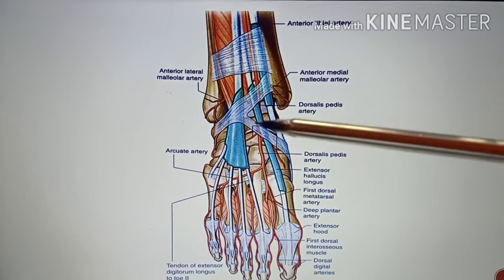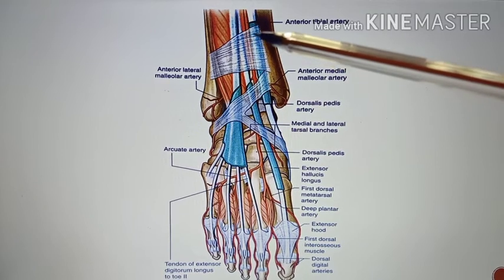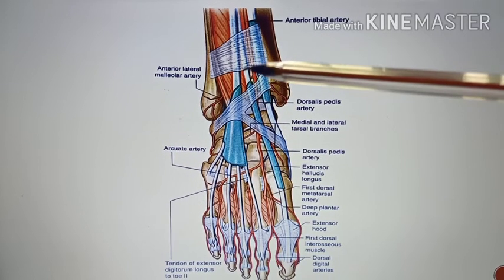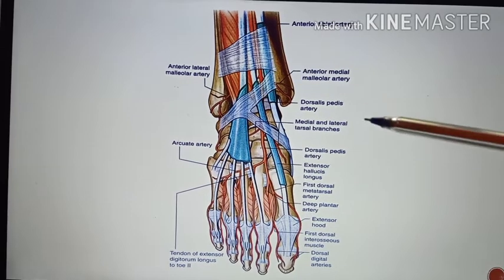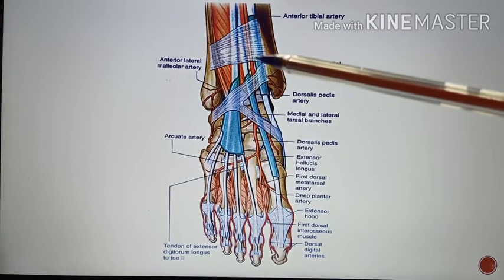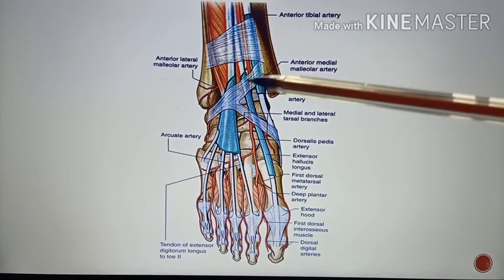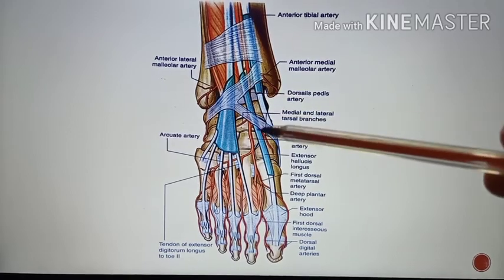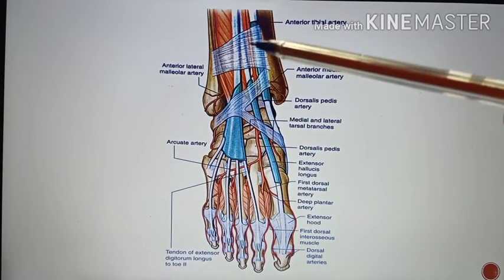So for palpating the anterior tibial pulse, it can be felt at the midpoint in front of the ankle, or at a point just above the midpoint of the malleoli, because from there it continues as the dorsalis pedis artery.